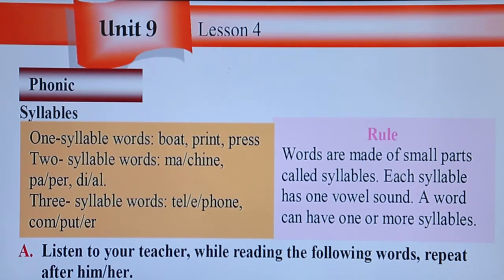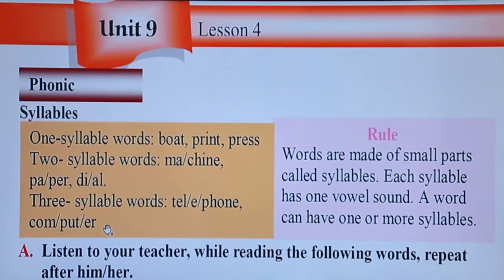Machine, machine. We have 2 vowel sounds, so we can divide this word into 2 parts or 2 syllables. Paper, it has 2 syllables. Dial, 2 syllables. 3 syllable words like telephone, like computer.